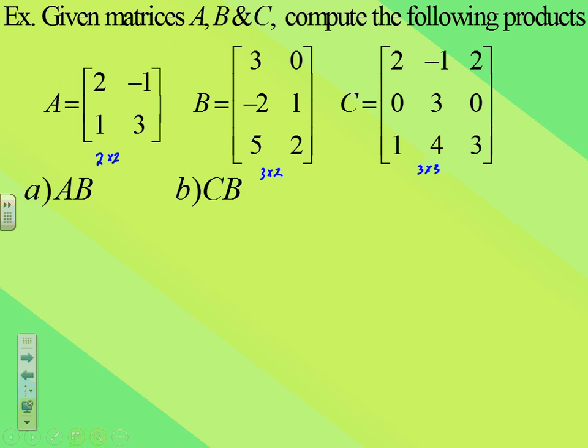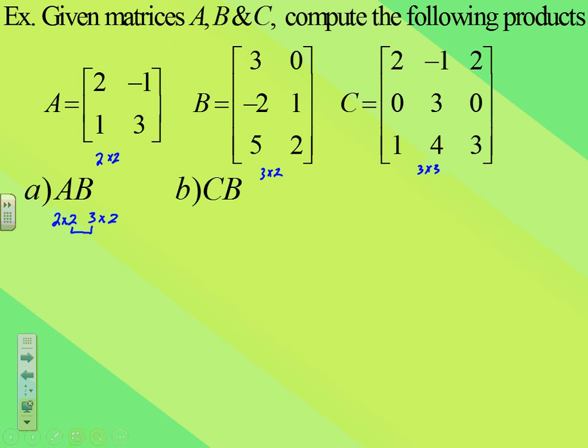So looking at part A, where we're going to say matrix A times matrix B. Well, matrix A is a 2 by 2 matrix, and I'm going to put the size of matrix B next to it, and that is a 3 by 2 matrix.